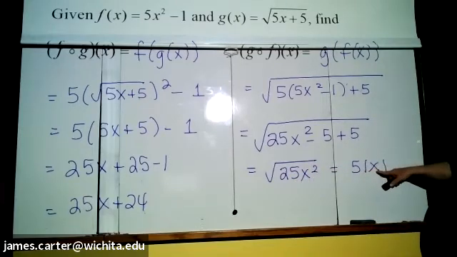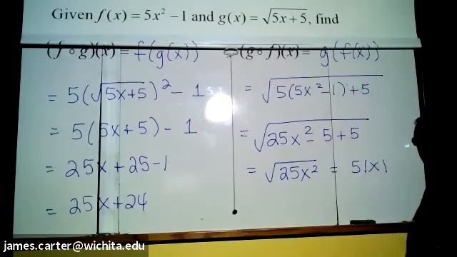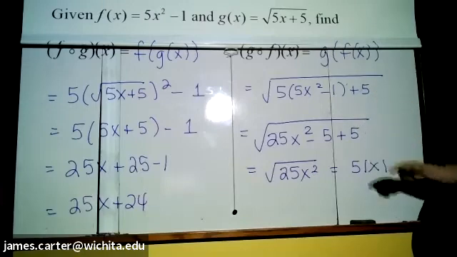So we extract those, but we have to use absolute value of x if you recall, or the plus or minus in this case. This is going to force us into plus or minus anyway. But you can see the difference. The order does make a difference.